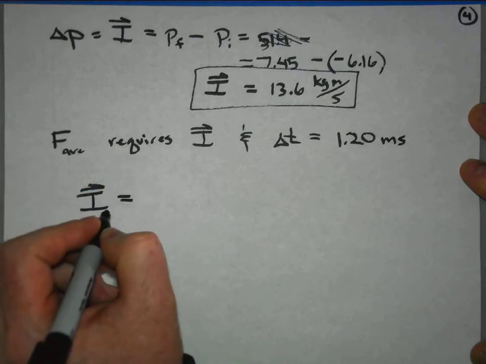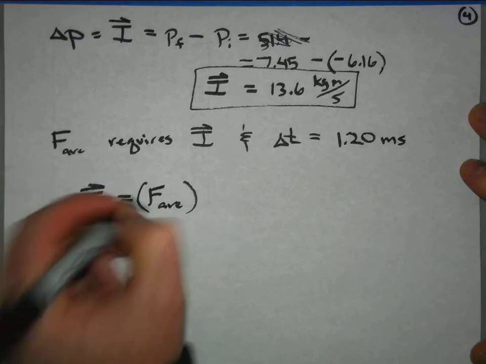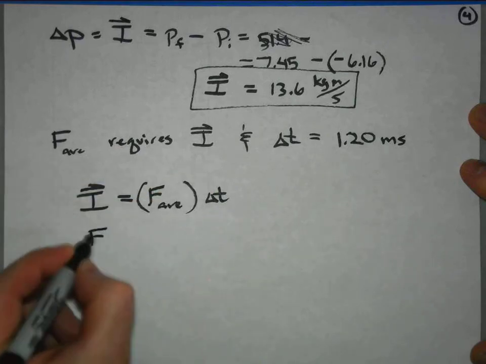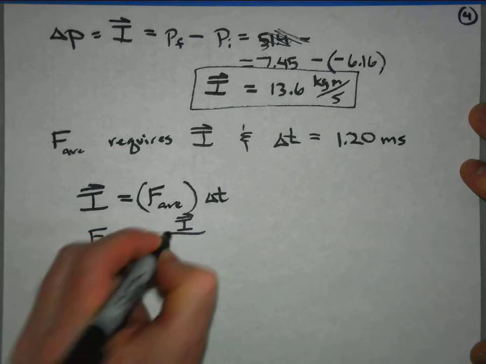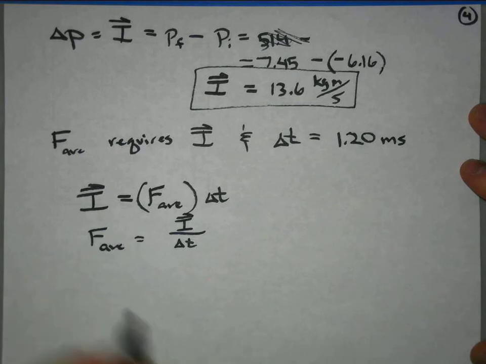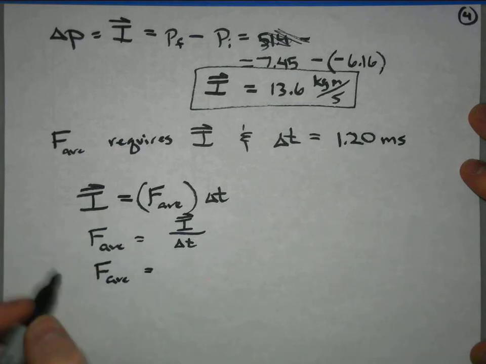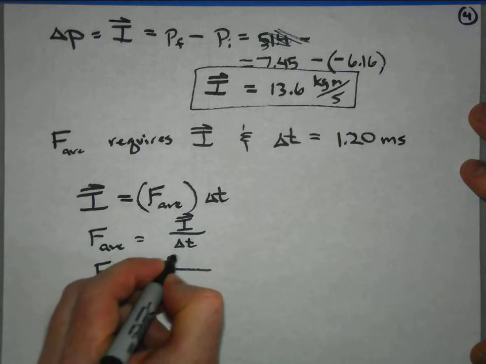recall that impulse is equal to average force multiplied by the time interval. And I'm simply going to isolate average force. So I get impulse divided by that time interval. And I am able to work this out. My impulse was 13.6.